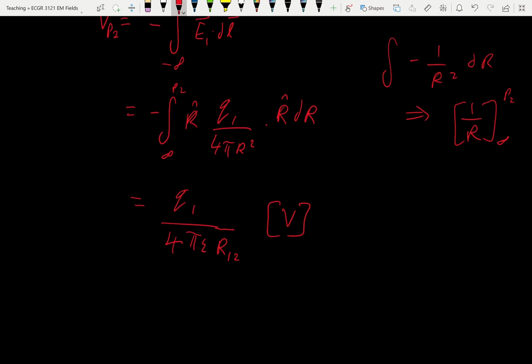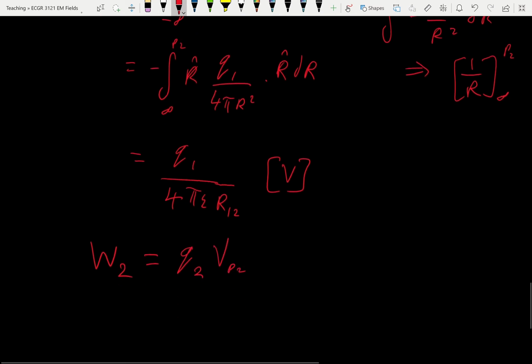And we said the energy, now W2, is just the voltage at that point, the voltage from infinity to that point, times the amount of charge, which is Q2. So this is Q2 VP2.